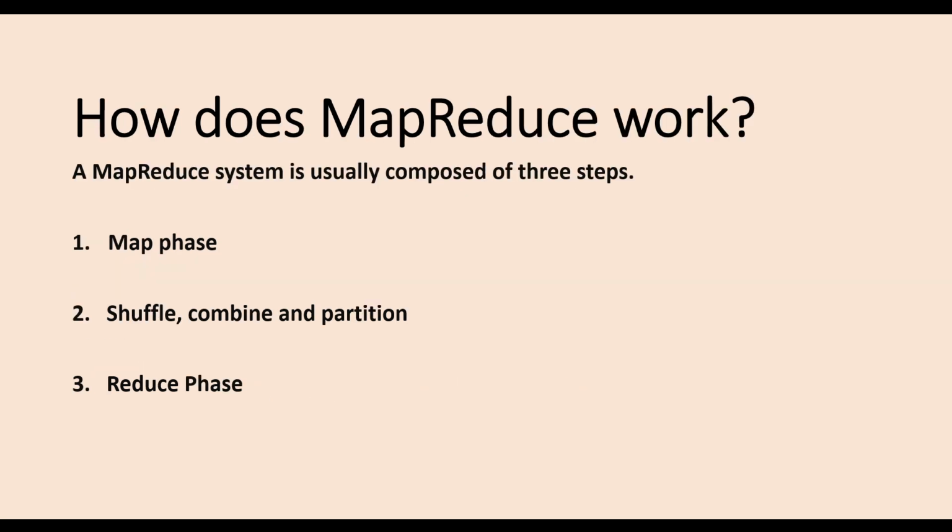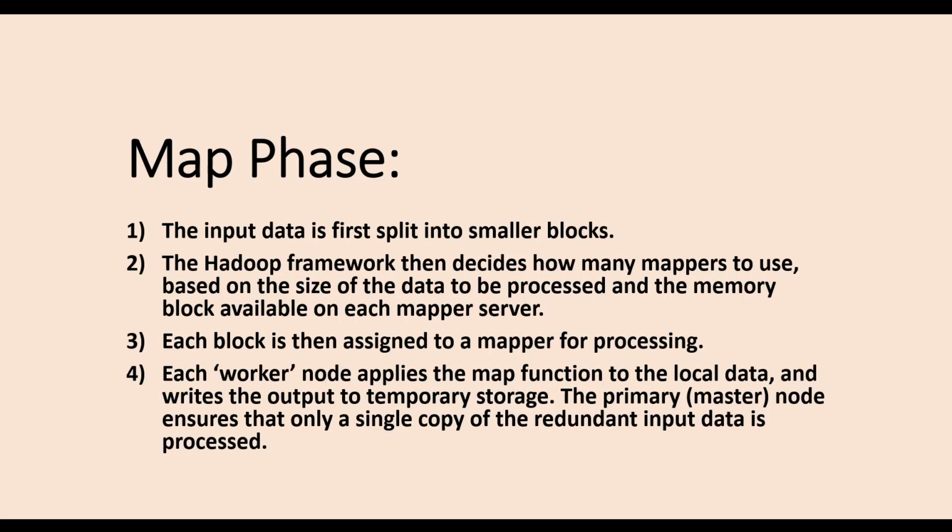So how does MapReduce work? It consists of three stages. The first is the map phase. Another stage is where shuffle, combining and partitioning happen, and the third is the reduce phase. Let's focus first on the map phase. Why are we studying this?